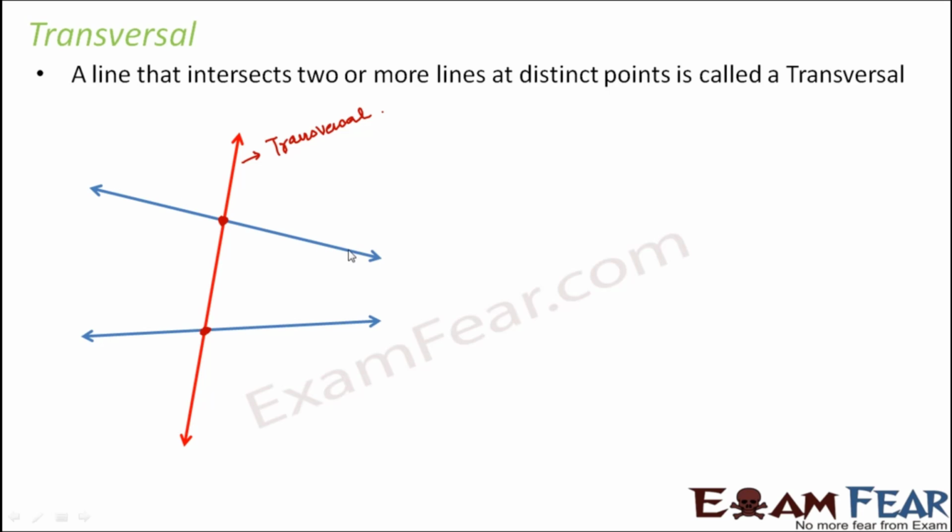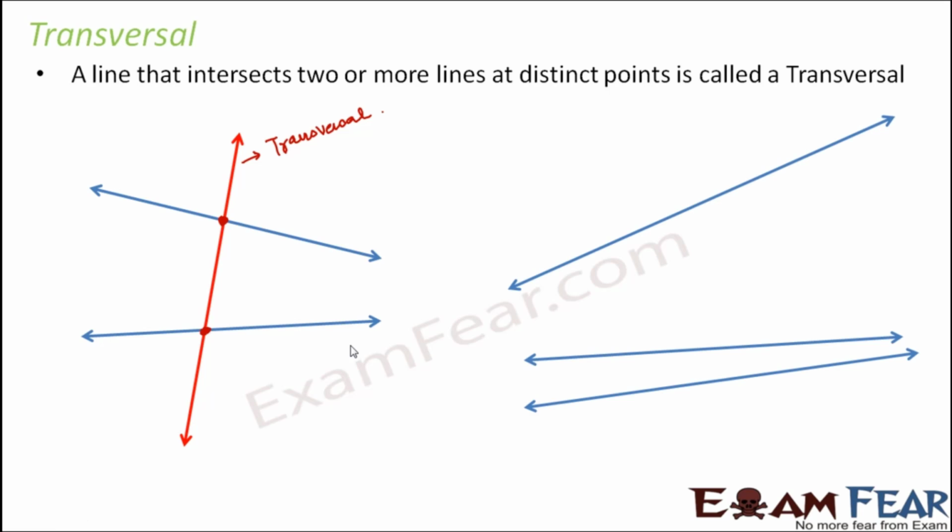Now when you look at this, you see this transversal lies across these two existing lines. So that is why the name has been given as transversal. So let's say that you have 3 lines which are again not parallel, they are all in different directions. But if you could somehow draw a line which is intersecting all the 3 lines at 3 distinct points, then this line would be called a transversal again.